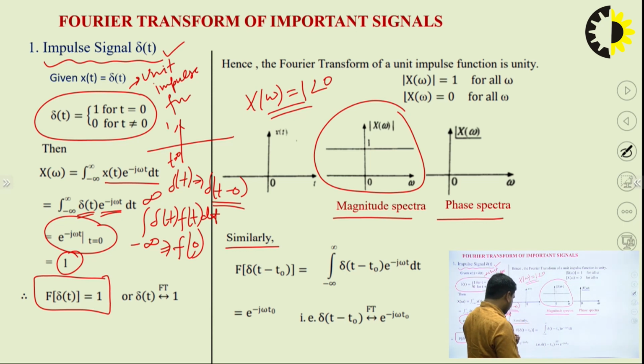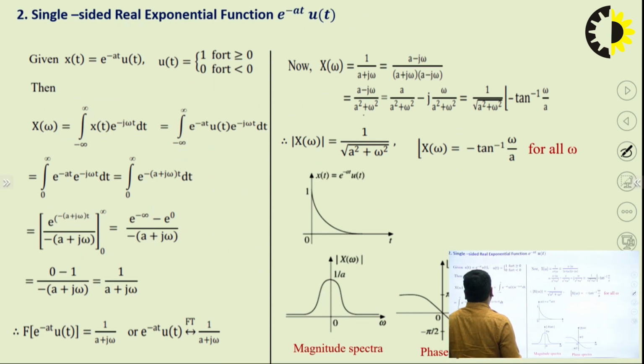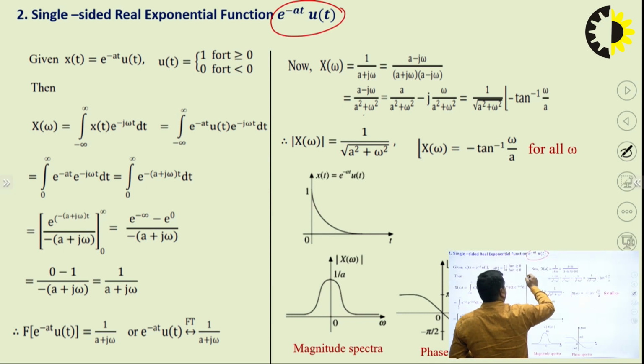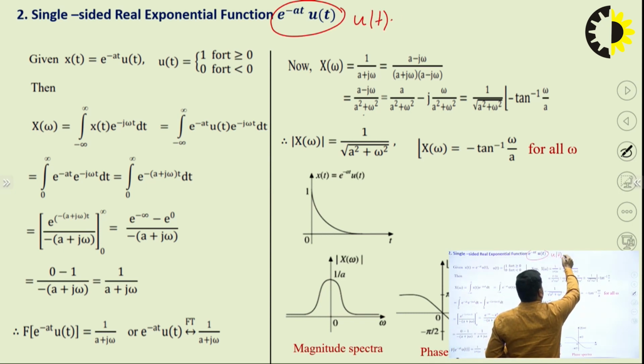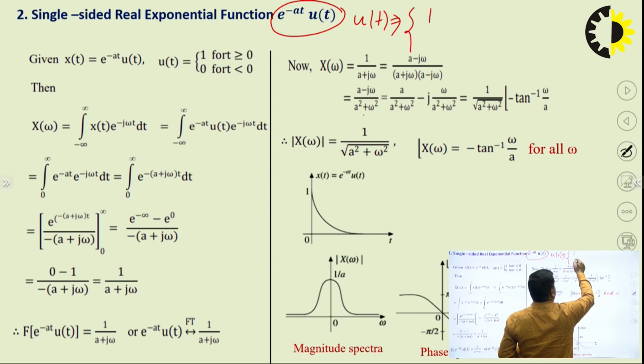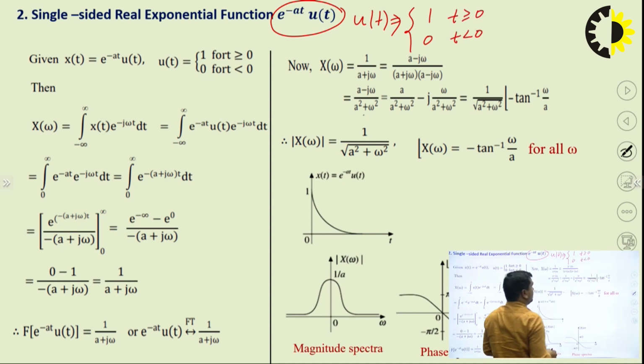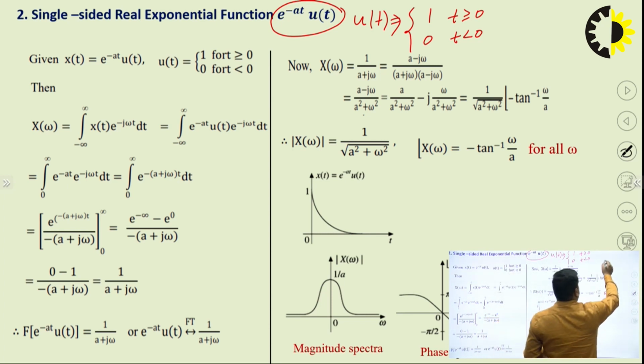Similarly, for delta(t minus t naught), using the time shifting property, we have the Fourier transform e^(minus j omega t naught). Single sided real exponential function e^(minus at) u(t). First we define u(t). What is u(t)? That is the unit step function. u(t) has value 1 for t equal to or greater than 0, and it has value 0 at all negative time.